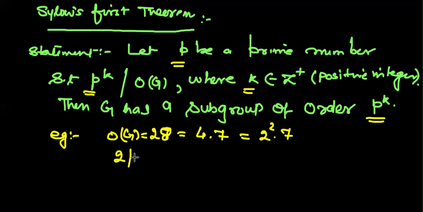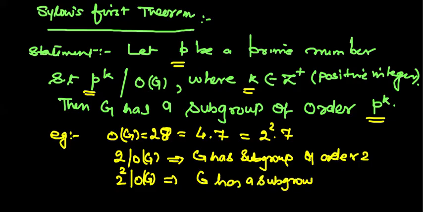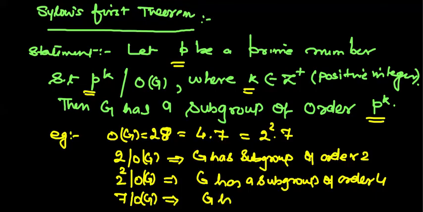Because 2 divides the order of G, G has a subgroup of order 2. 2 squared divides the order of G, so G has a subgroup of order 4, and 7 divides the order of G, so G has a subgroup of order 7.